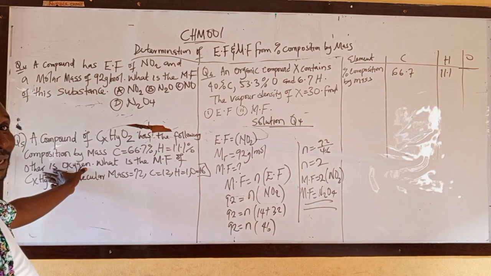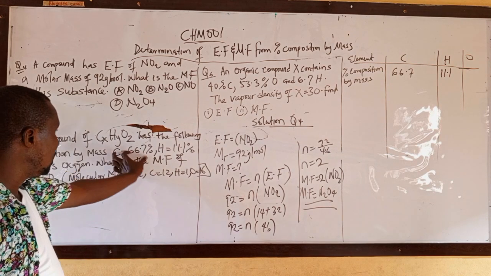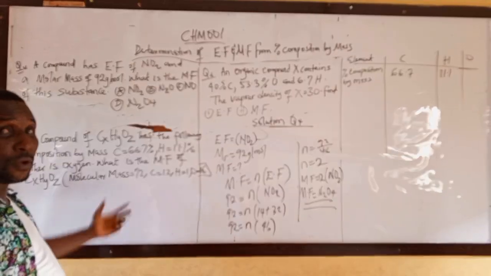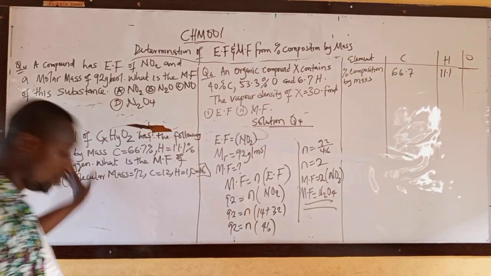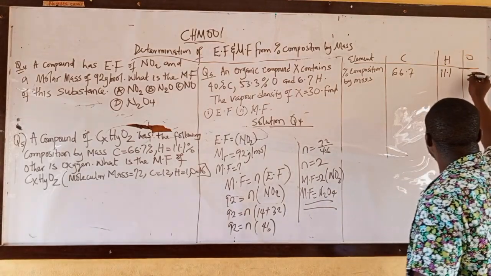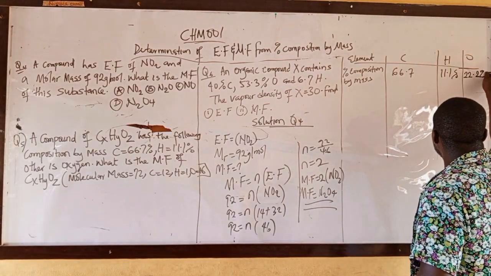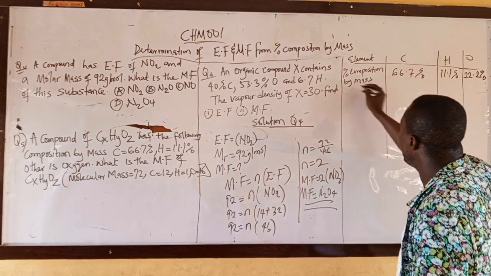You have the percentage composition by mass of oxygen. The percentage composition of oxygen is 22.2%. Take note, percent.